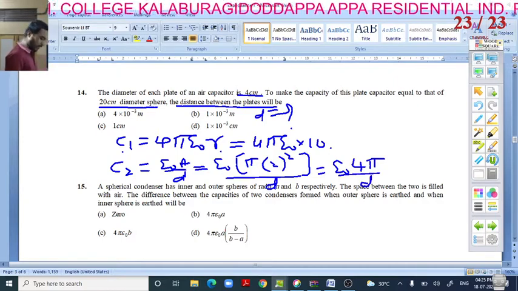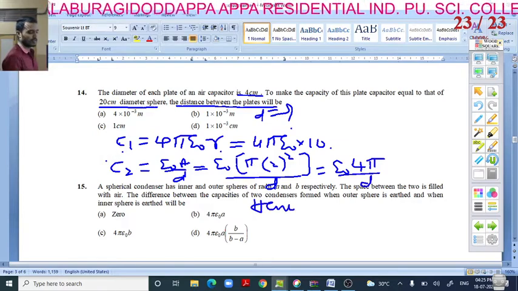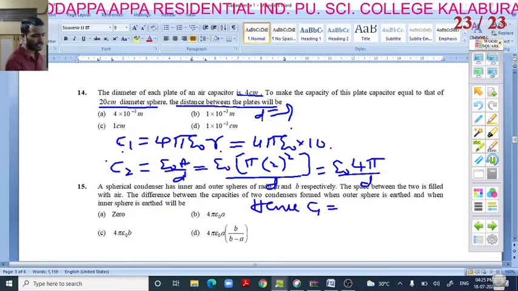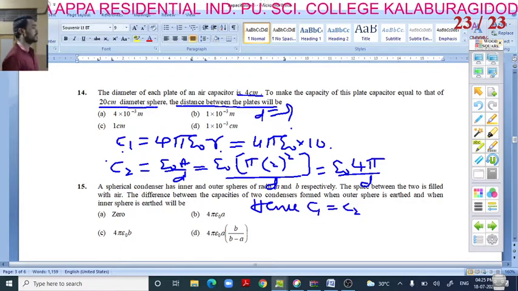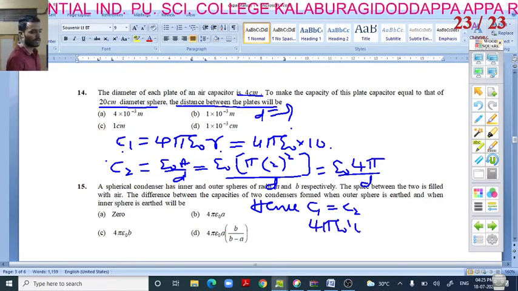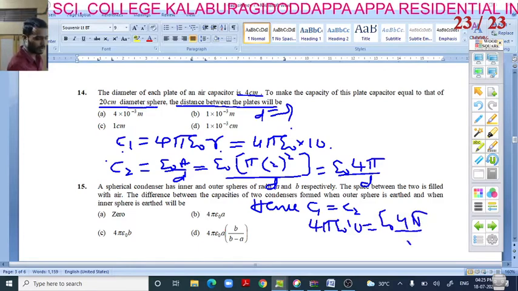Now I will compare these two, C1 and C2. Hence C1 is equal to C2. So C1, what we got here, 4 pi epsilon 10 is equal to epsilon 4 pi divided by d.